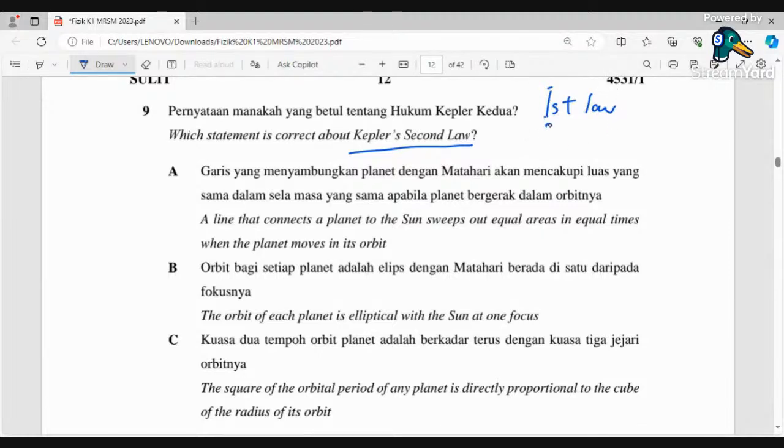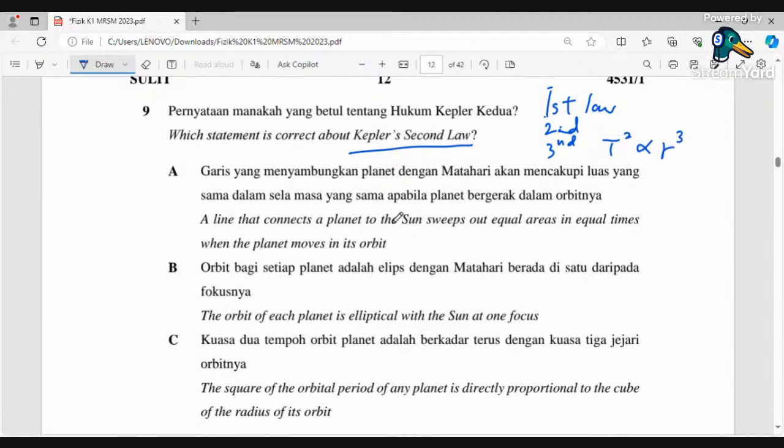Okay, and then the second one ialah law of area. Okay, law of area. In the same time, the area covered will become equal. Okay, itu yang law of area. Okay, and then kita ada yang third law. Ini yang berkaitan dengan orbital speed dengan radius.